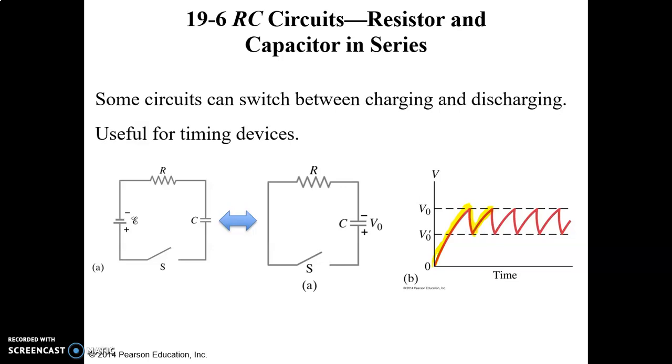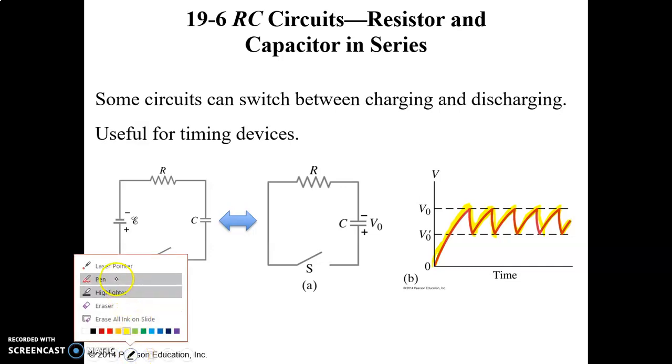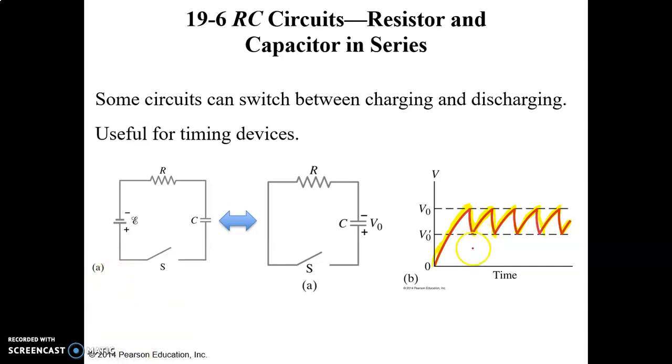Then once you hit that value, the switch flips again, discharge again. Hit the value, switch, and you can see you end up with an oscillating pattern that is very consistent in time. The amount of time between each of these points is very consistent. I can't draw it consistently on my screen, but you get the idea.